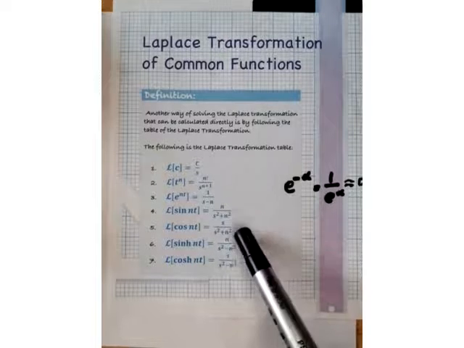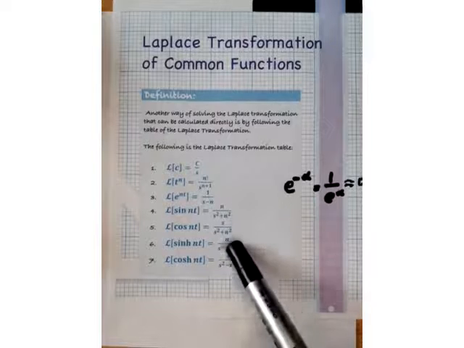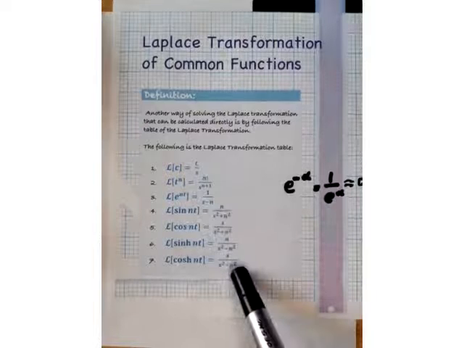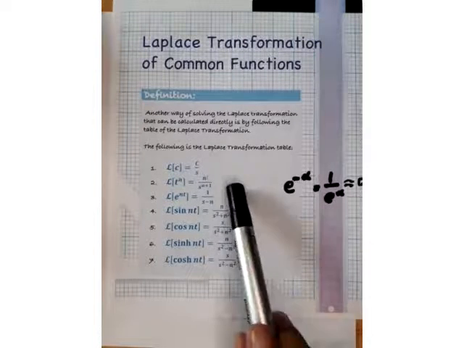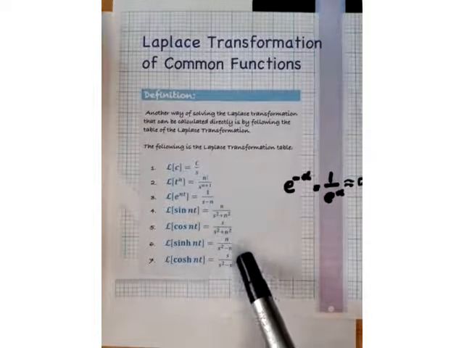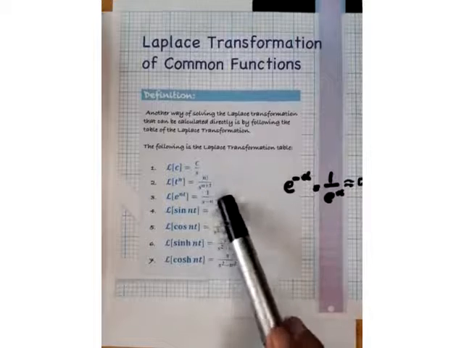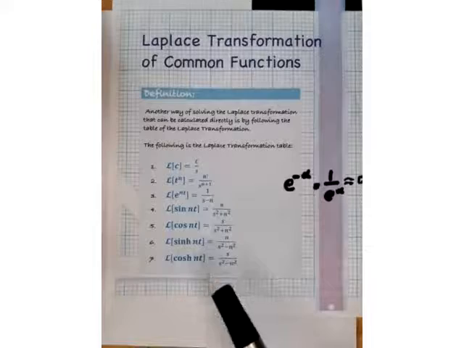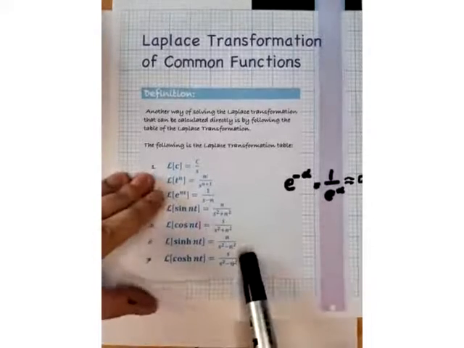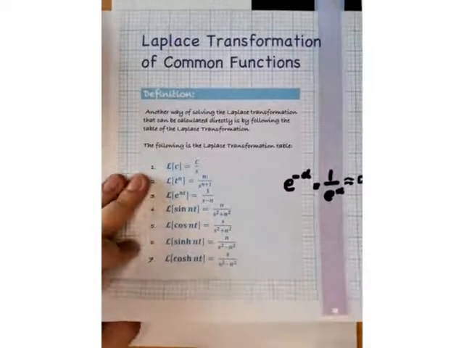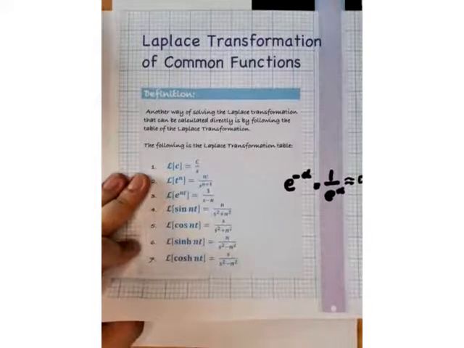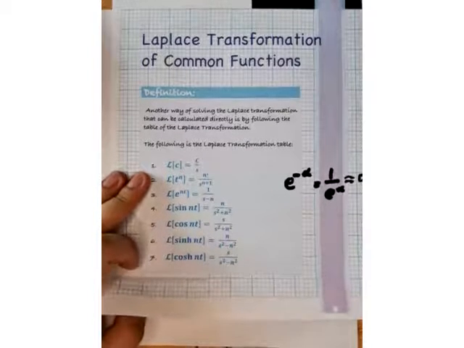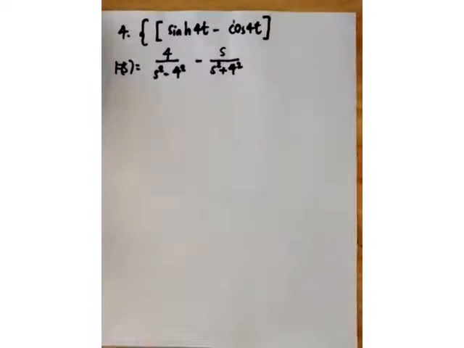Negative yung n squared instead of positive. So, ito lang yung common na Laplace transform ng common functions na meron tayo. Pag sine, yung n. Pag cosine, yung s. Pag hyperbolic, magiging negative lang yung pagitan ng s at saka ng n squared.